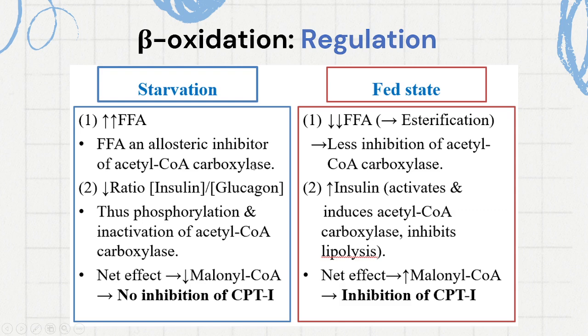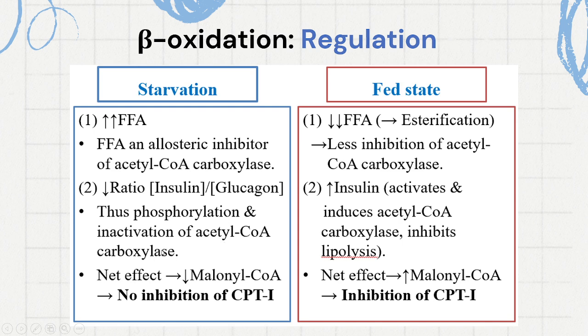In starvation, there is a lot of free fatty acids in the circulation. These free fatty acids act as an allosteric inhibitor of acetyl-CoA carboxylase, so malonyl-CoA will not be formed. And there is also a decreased ratio of insulin to glucagon. Insulin will be low, glucagon will be high. Thus this ratio will favor phosphorylation and inactivation of acetyl-CoA carboxylase.